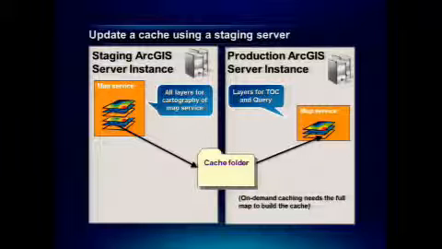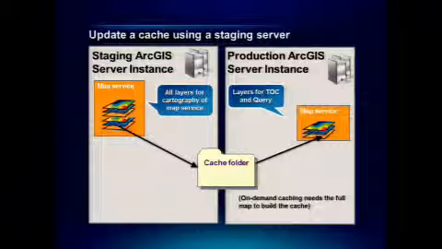Notice there's a subtle difference here on this slide. This gives you the added capability of having different content in your map services on the staging server than you have on your production server. In general, that's not a great idea to do indefinitely, because you're kind of ruining the whole purpose of having a staging server. But it gives you the ability to have a more complex map being used for your cache creation, but a simpler map used for serving your tiles out.